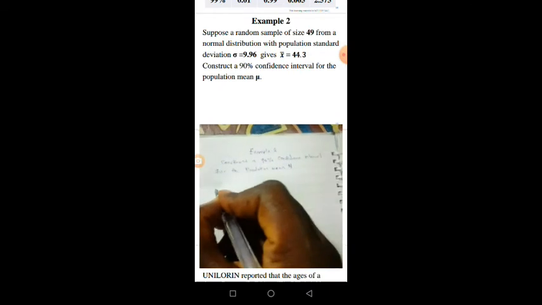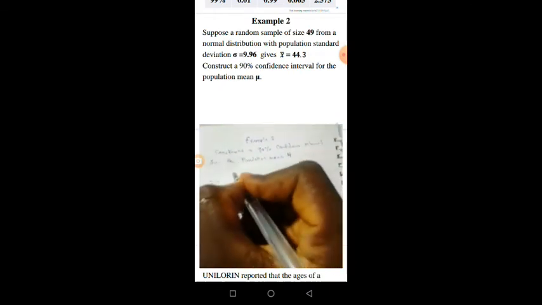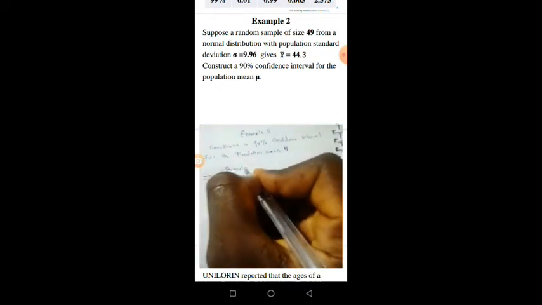The formula is L less than population mean less than U, where L means the lower limit and U means the upper limit.